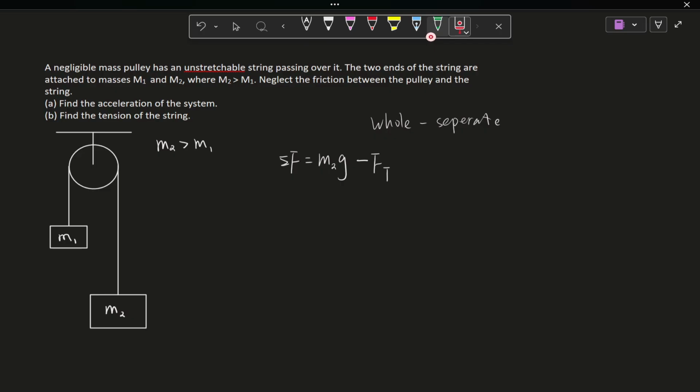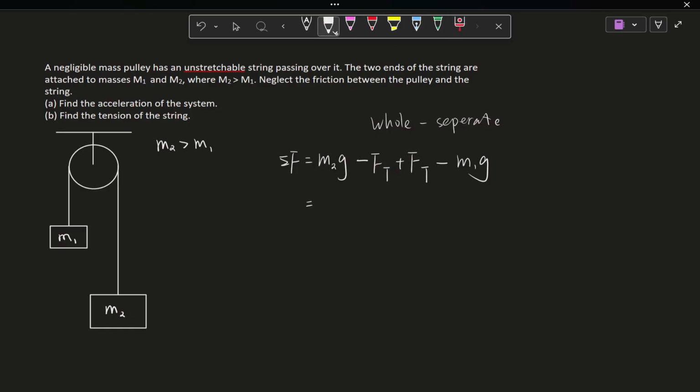Although this Ft is also pointing upward, it is pulling M1 upward, so it actually cancels out the resistance force that allows M2 to go downward. So we can write plus Ft minus M1G. Since M1 is resisting M2 going downward, we write a minus over here. These two can cancel out, right?